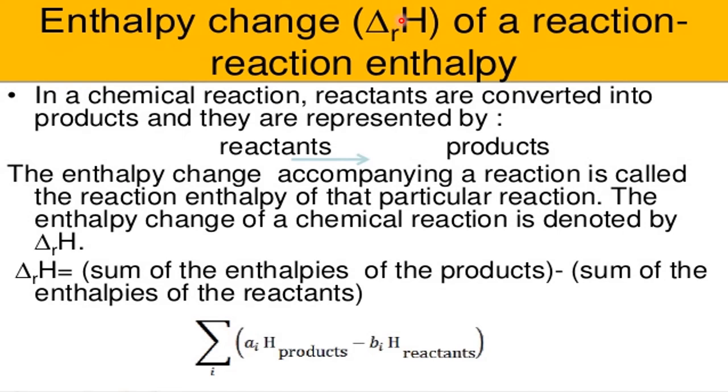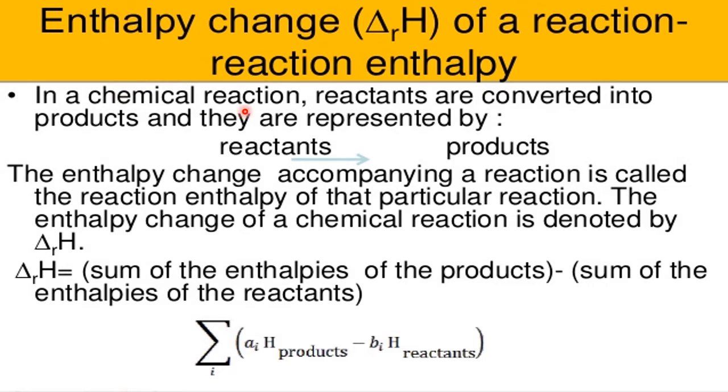What is delta H? Delta H is the change in enthalpy. This is change in enthalpy where? In the chemical reaction. Therefore, this is called reaction enthalpy. So this R stands for change in the enthalpy of a particular chemical reaction, known as the reaction enthalpy, delta HR. Okay, right.